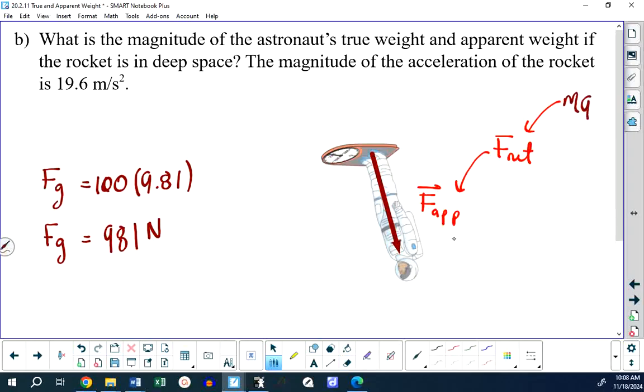So all you have to do is take 100 times 19.6 and get 1960, I believe. And that's kind of where we left off here. So this is 100 kilograms times 19.6 newtons per kilogram, which is 1960 newtons. So correct me if I'm wrong. We got that far. Okay.